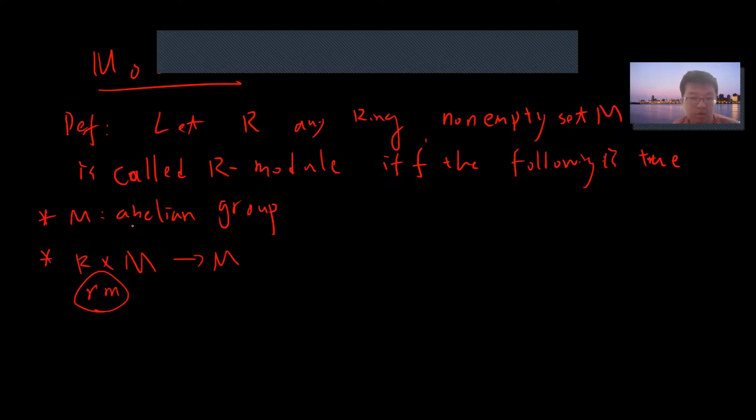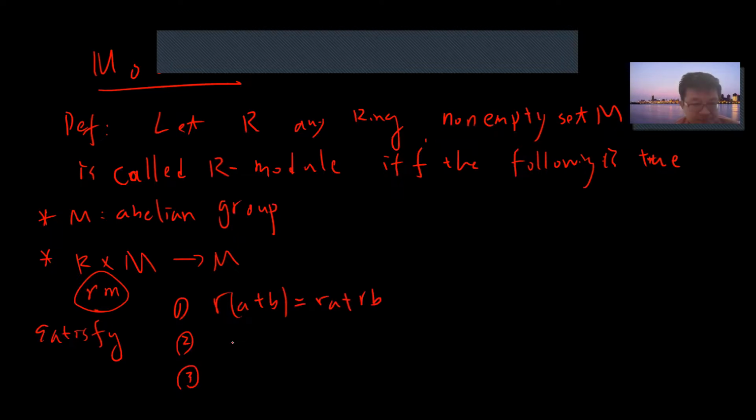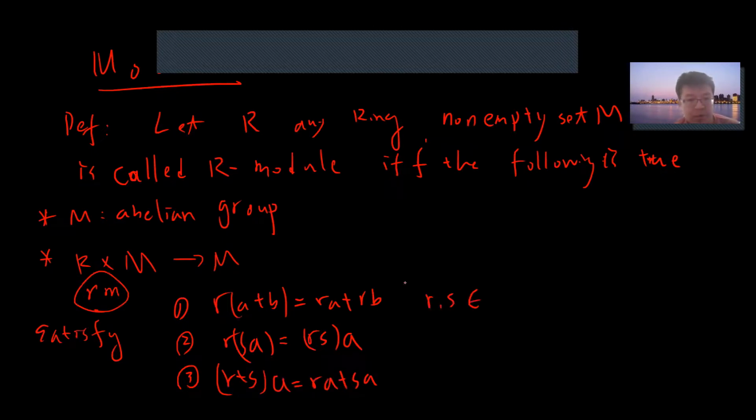And it must satisfy three properties. The first one is r(a plus b) equals ra plus rb, and (rs)a equals r(sa), and also (r plus s)a equals ra plus sa. Here r and s are elements of the ring, and a is an element of the module.